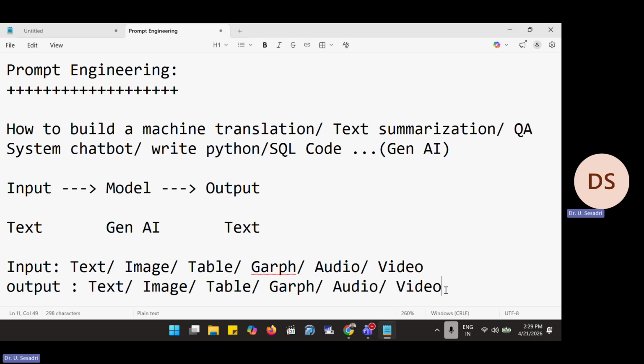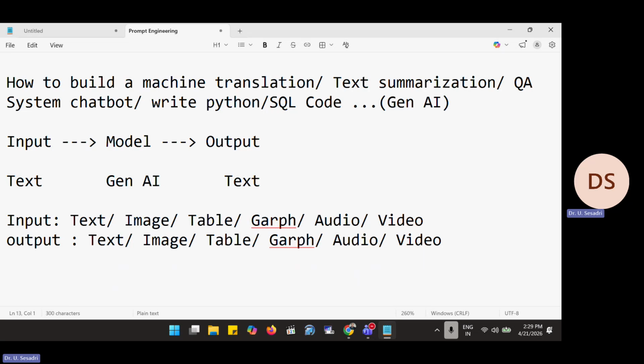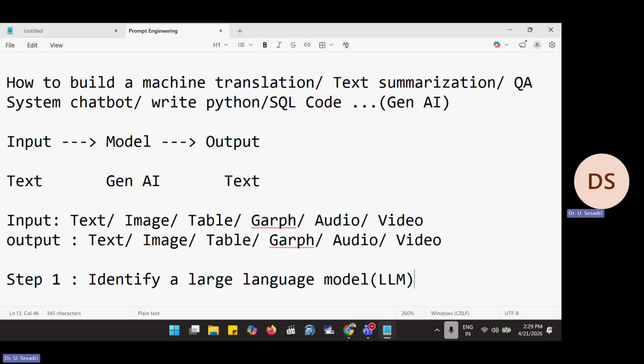For that, what steps do we have to follow? The first step is to identify a large language model, the LLM. We have to select it.